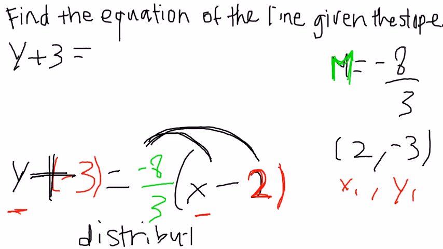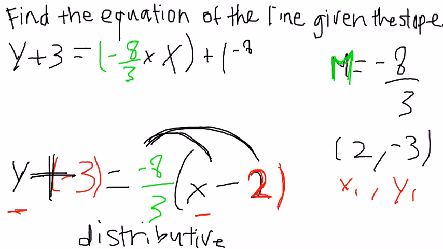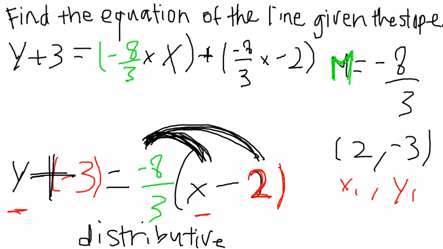We're going to have negative 8 over 3 times x, and then that's going to be plus negative 8 over 3 times negative 2. That's the distributive property. You just plus these, the plus signs right here.